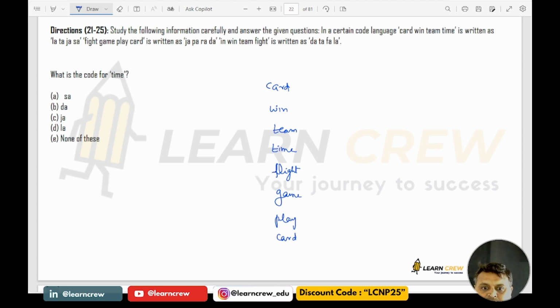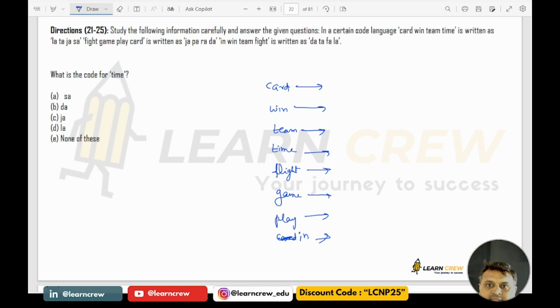Card is already there. Win is already written, team is already written, right? So now please write the codes for all these words.